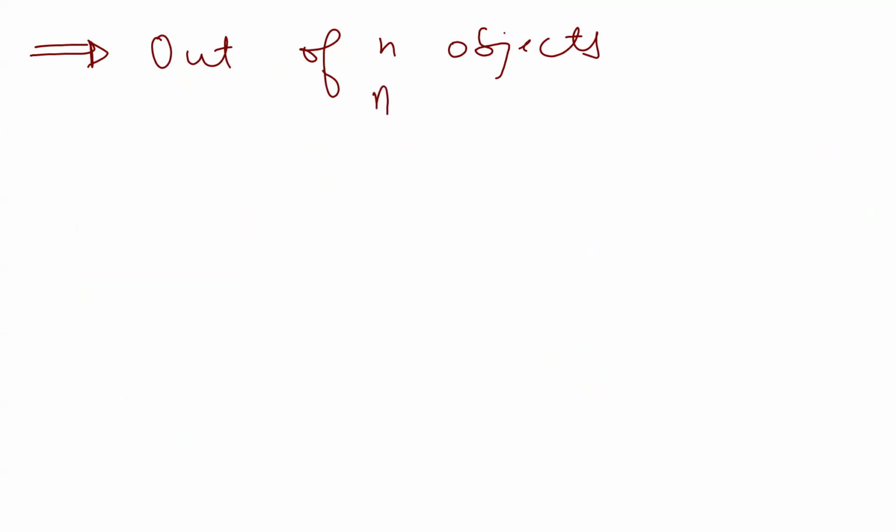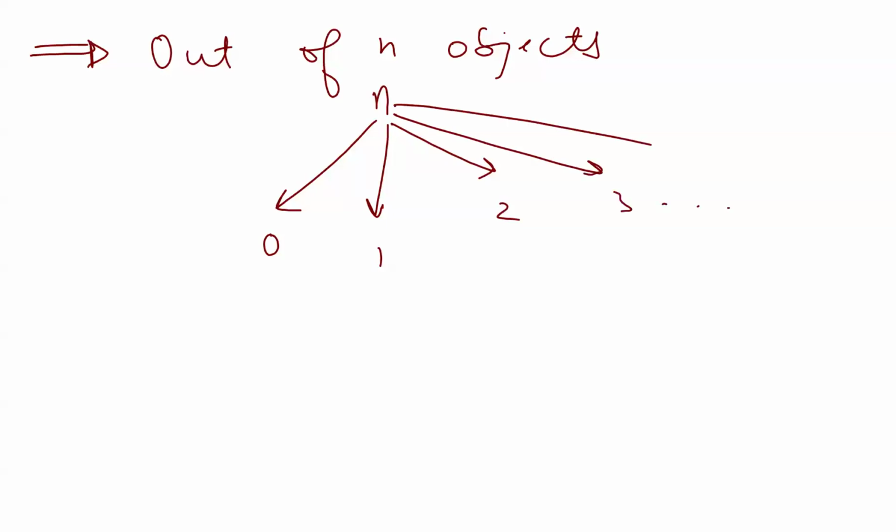So out of n objects, we can select 0 objects, 1 object, 2 objects, 3, dot, dot, dot, till all n objects. Out of n objects, any number of objects can be selected. The total number of selections will be 2 raised to n.